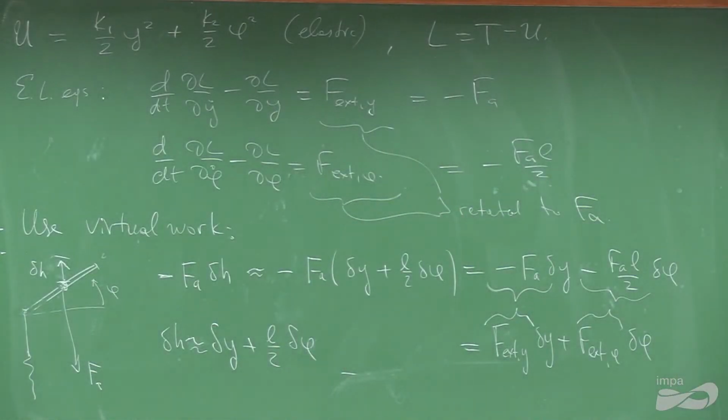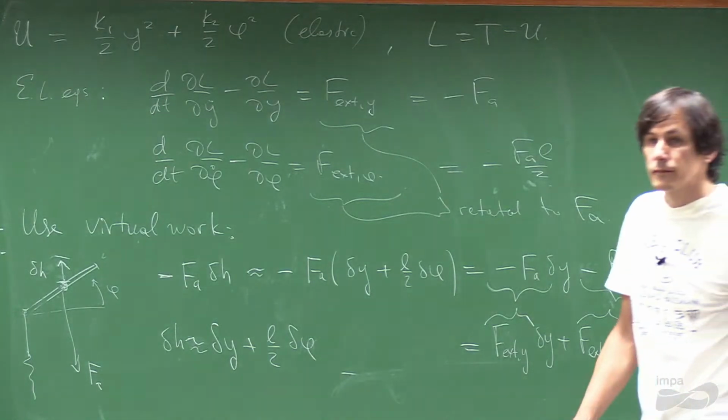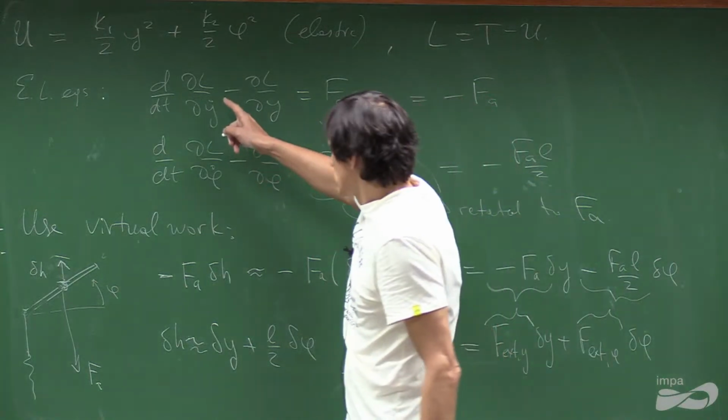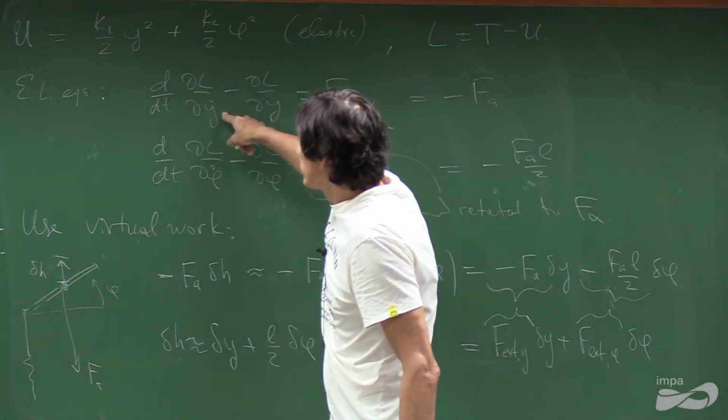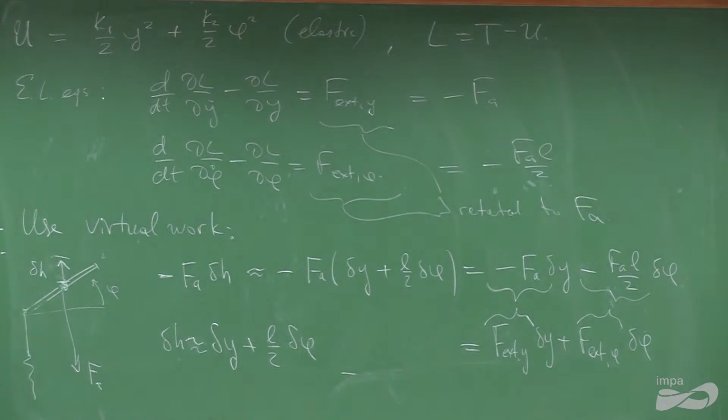So now we can write equations of motion directly. So dL over d y dot, y dot comes in these two terms.